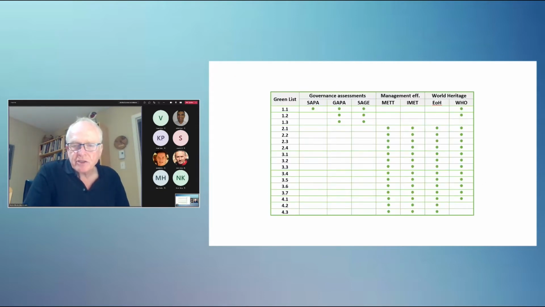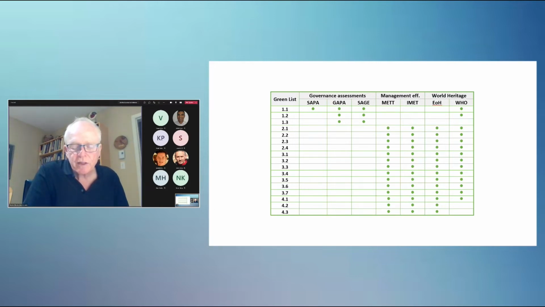This is just illustrative of a comparison between a few of the tools that are out there. We have governance assessment, we have management effectiveness assessments, we have World Heritage assessments, and this simply shows the linkage between those various kinds of assessments and the Green List criteria. It makes the point that the Green List is comprehensive, and that we can compare these other PAME tools with the Green List as a standard or Rosetta Stone.